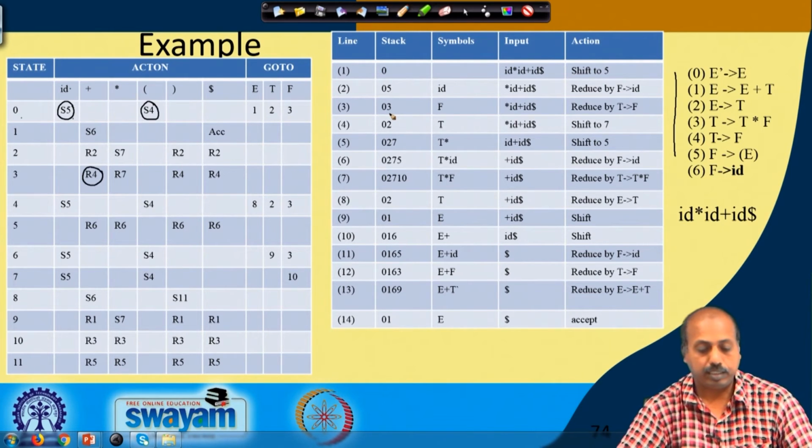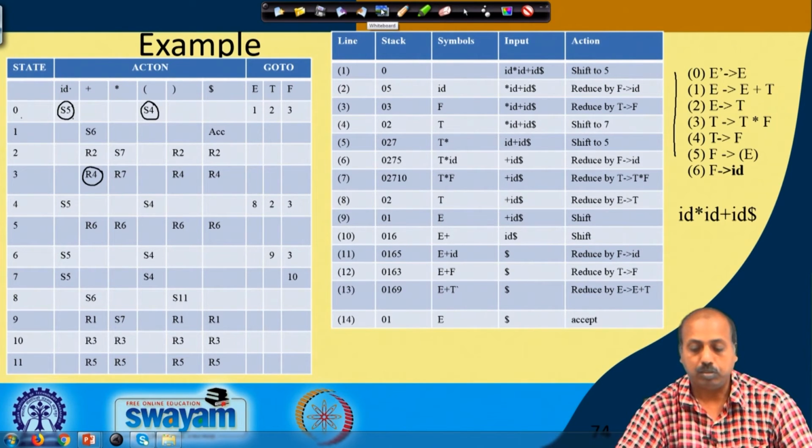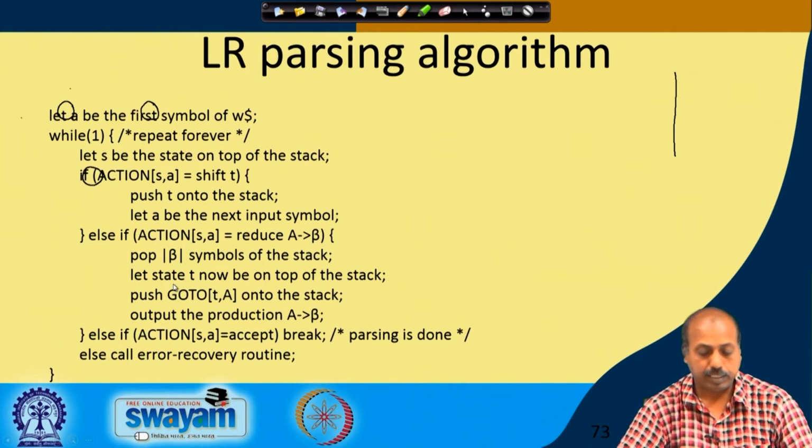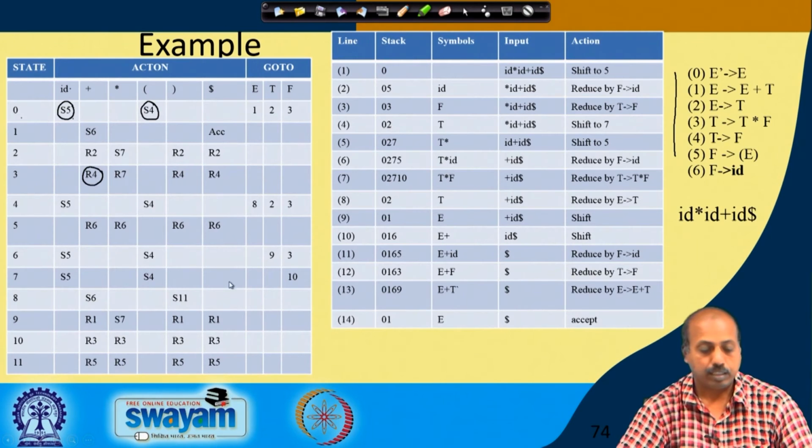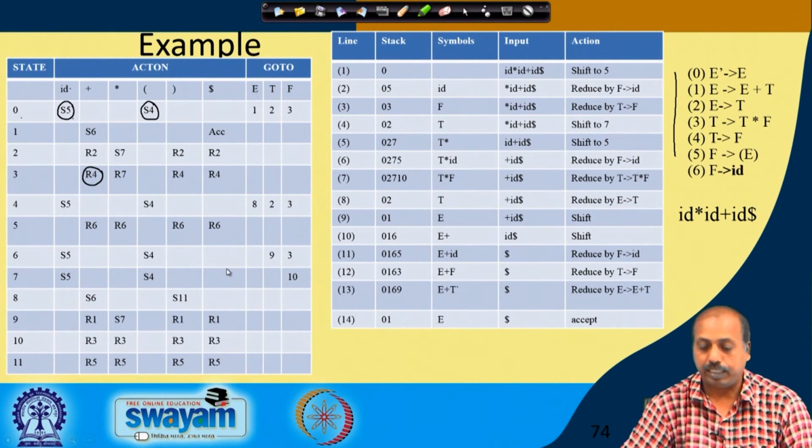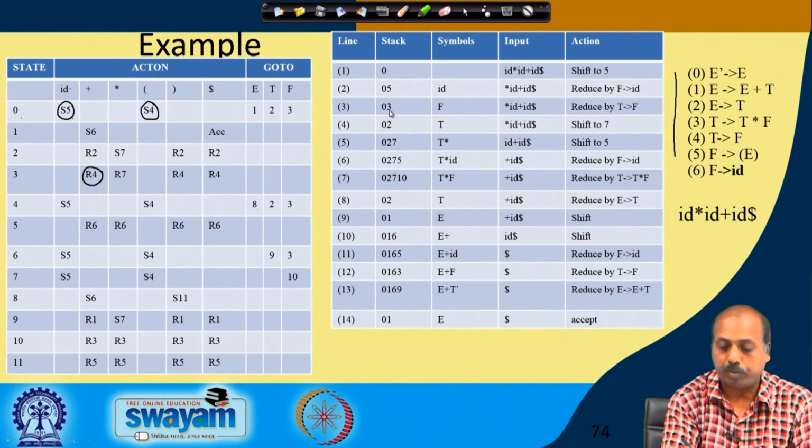To identify the new state, if T is now the top of the stack, then goto T A will be the new state.